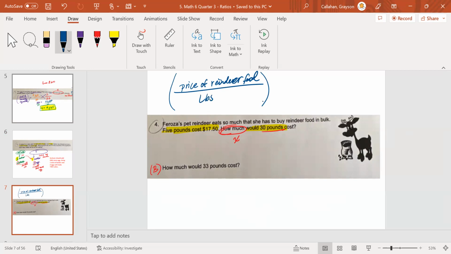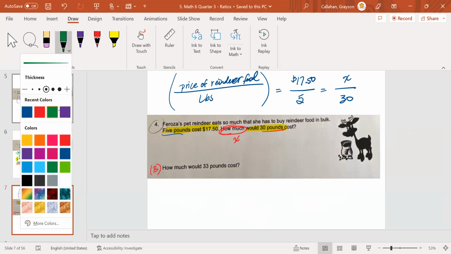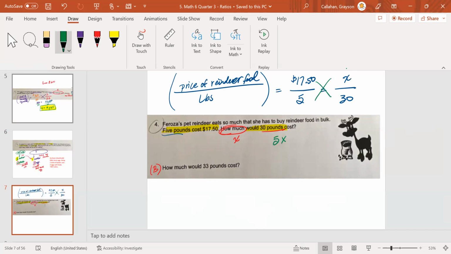Pounds, right? Is equal to, the first one is 5 pounds is this much. So the price is $17.50 for 5 pounds, right? Equals, how much would it cost? So how much is X? So X goes on top for 30 pounds, like that. Cross multiply, 5X equals, you want to do this on the side, what's 1750 times 30?